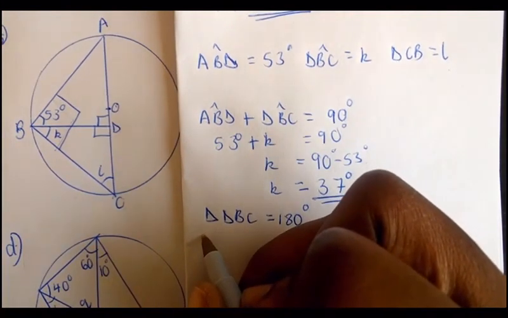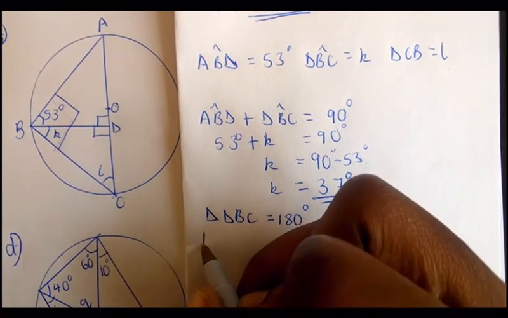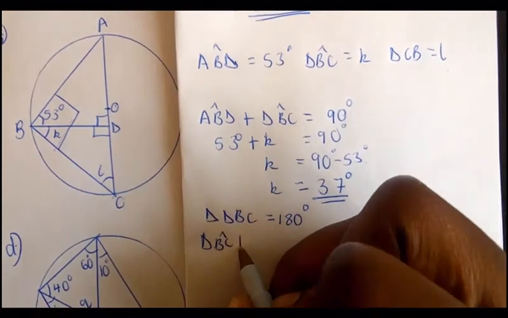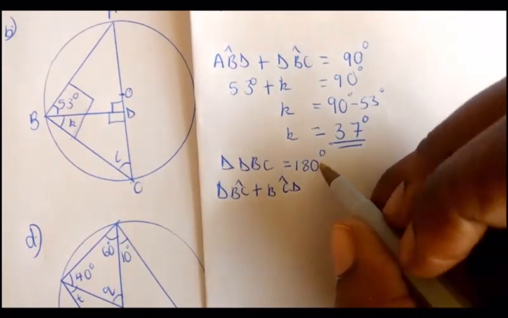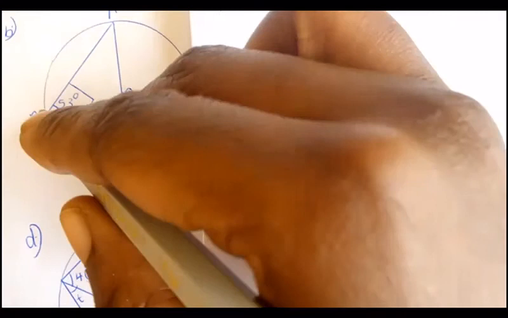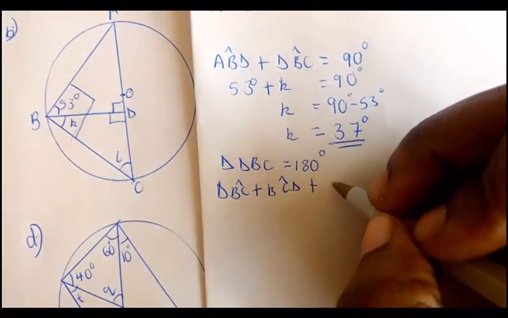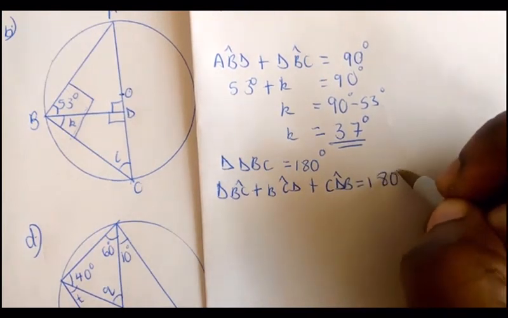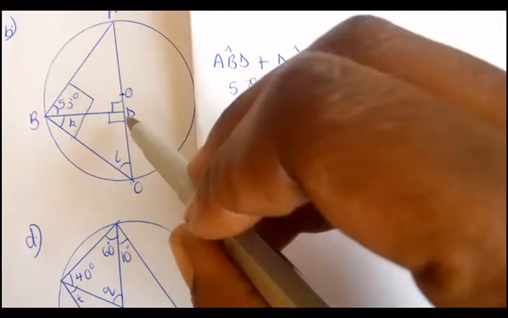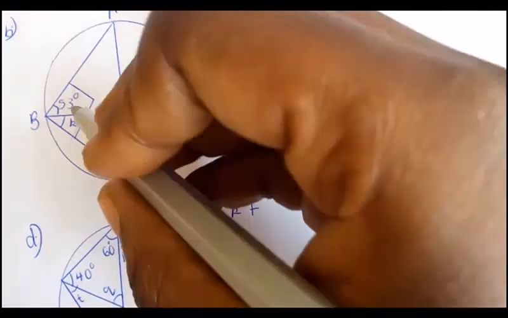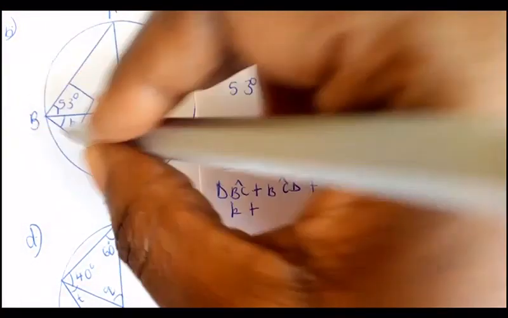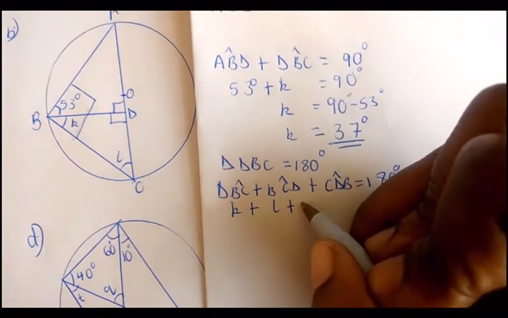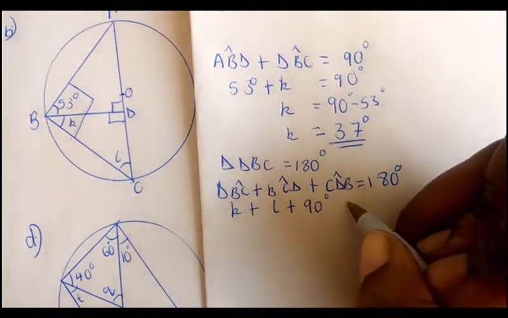Therefore, angle DBC, which is equal to K, plus angle BCD, plus this angle CDB, is equal to 180 degrees.